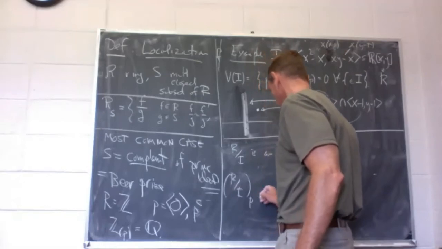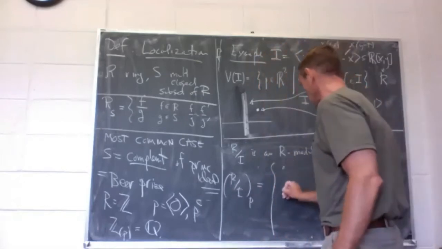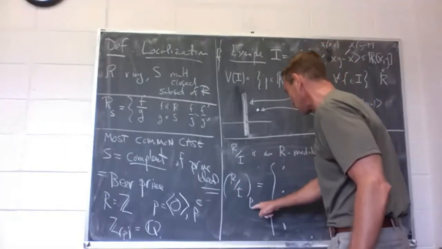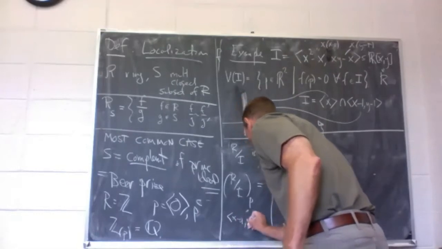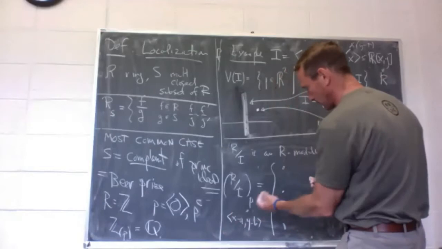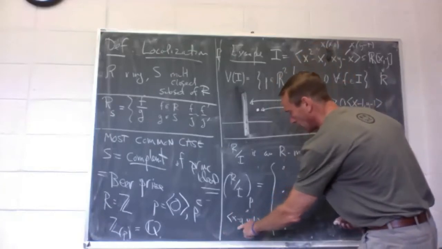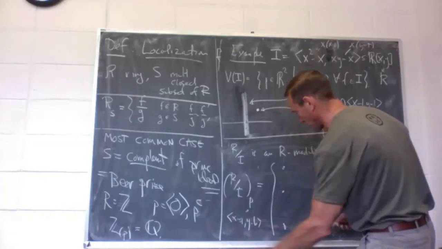What does this look like? It's going to have three possibilities. And my P, this prime ideal, I want this P to be of the form (x minus a, y minus b). So this is corresponding to the point (a, b) in R2, right? So if we looked at the zero locus of this ideal, it's simply the point x equals a, y equals b. So it's a point.